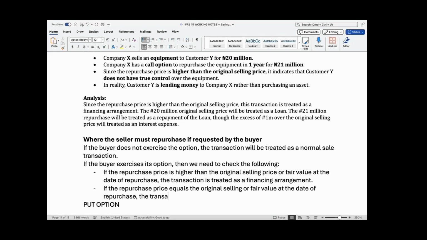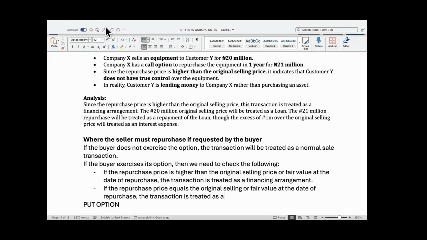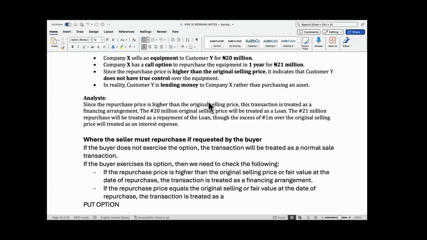Then the transaction is treated how? How do you think we should treat this one? Let me engage you a little bit. Let me see if you're following. How would you treat this one? As a sale. Thank you very much. It's a normal sale transaction. That's perfect.